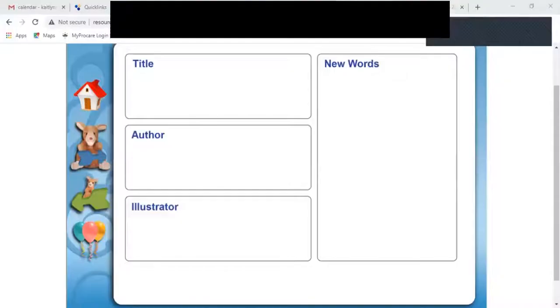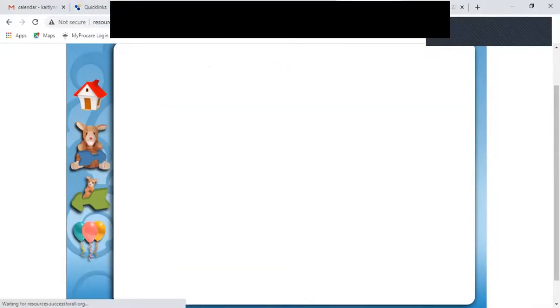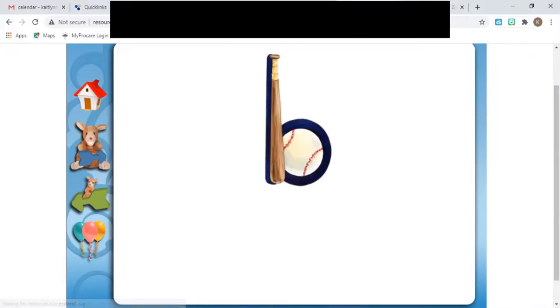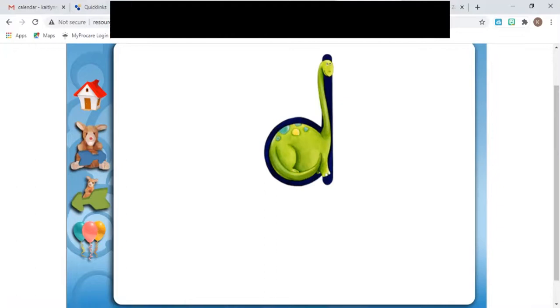I'm going to share my screen because we have a letter we're learning this week. After we do the alphabet, I can give you the letter we're working on. So repeat after me. A, apple. B, bat, ball. C, caterpillar. D, dinosaur.